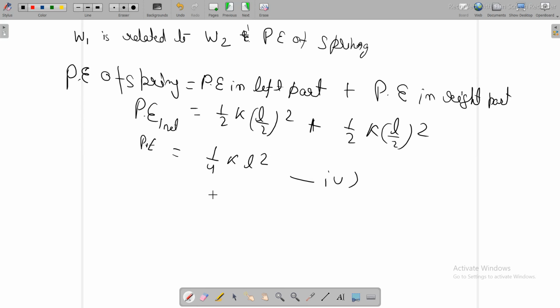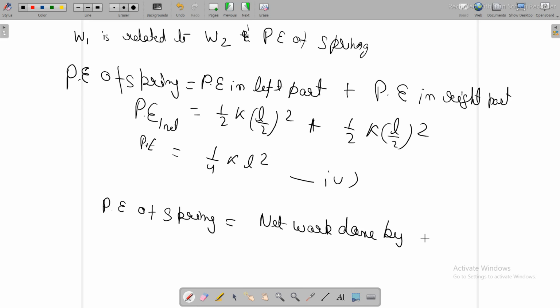Now how is the potential energy related? The net potential energy of the spring is equal to the net work done by the gases.